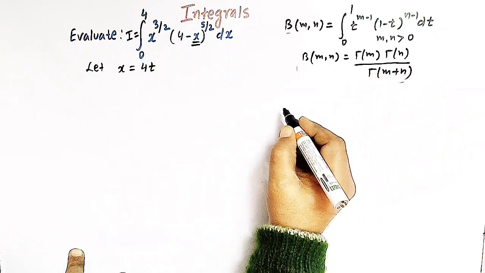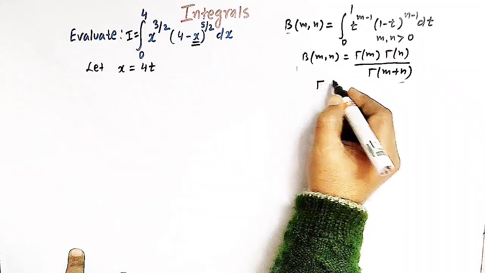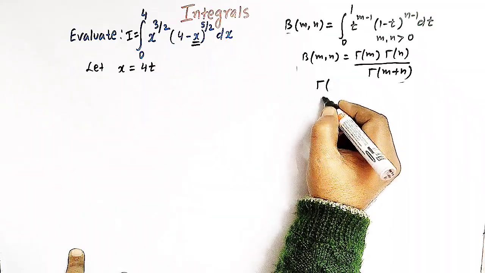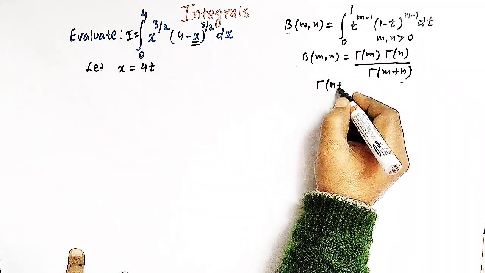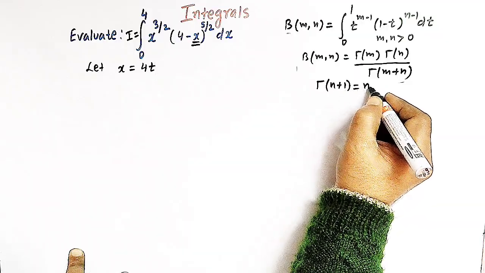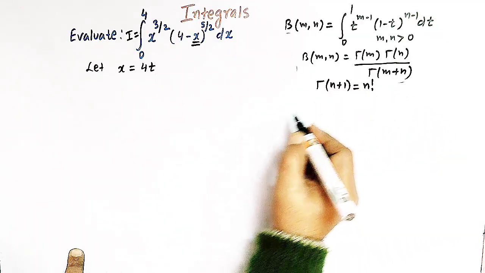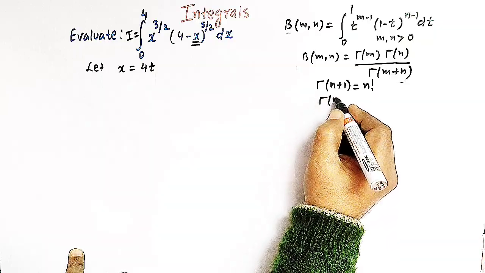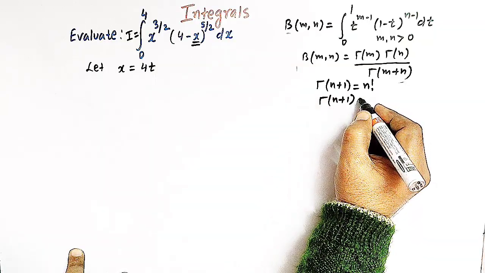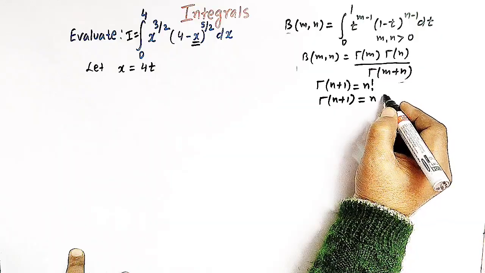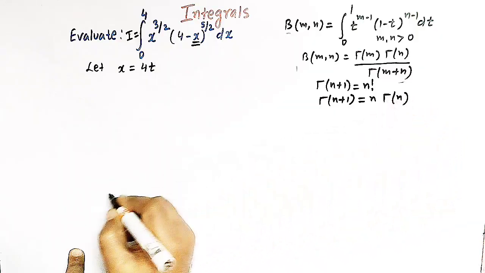Moreover, we'll also utilize these two important results: gamma of n plus 1 is given by n factorial, where n is some positive integer, and gamma of n plus 1 can also be written as n times gamma n.